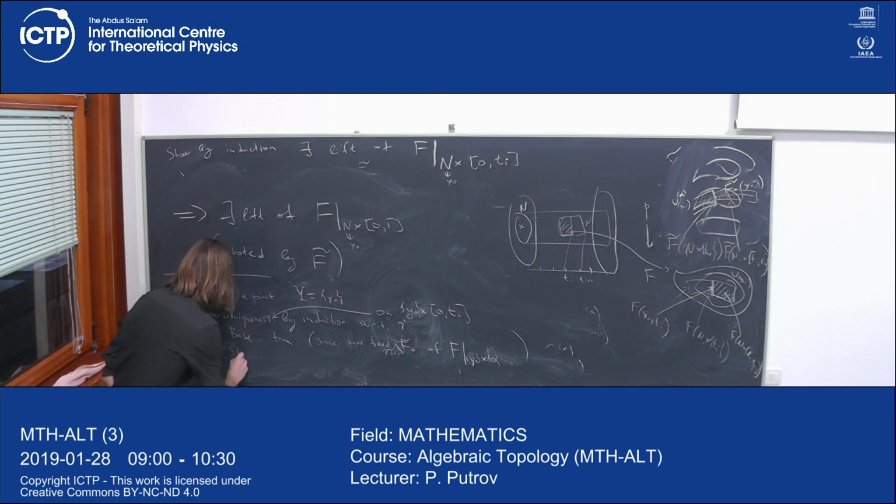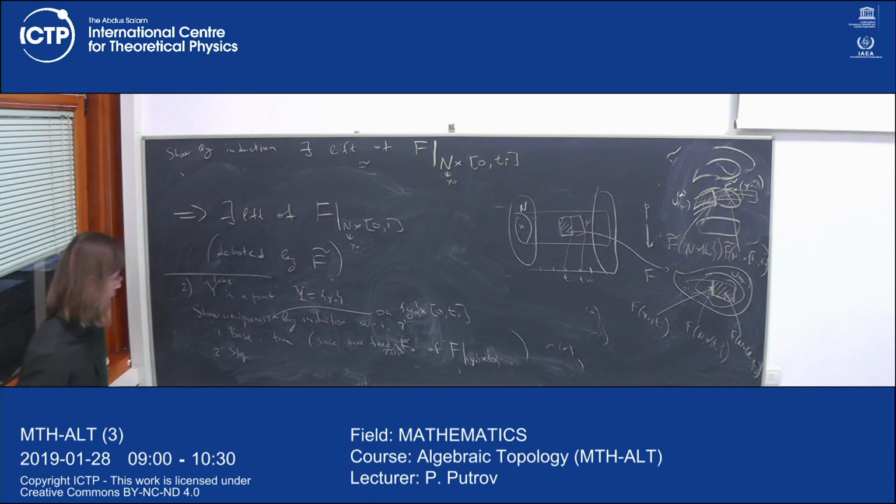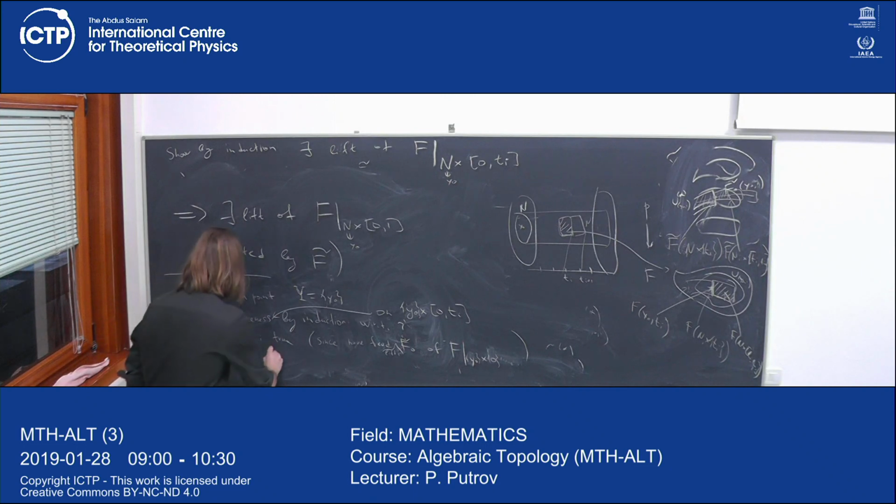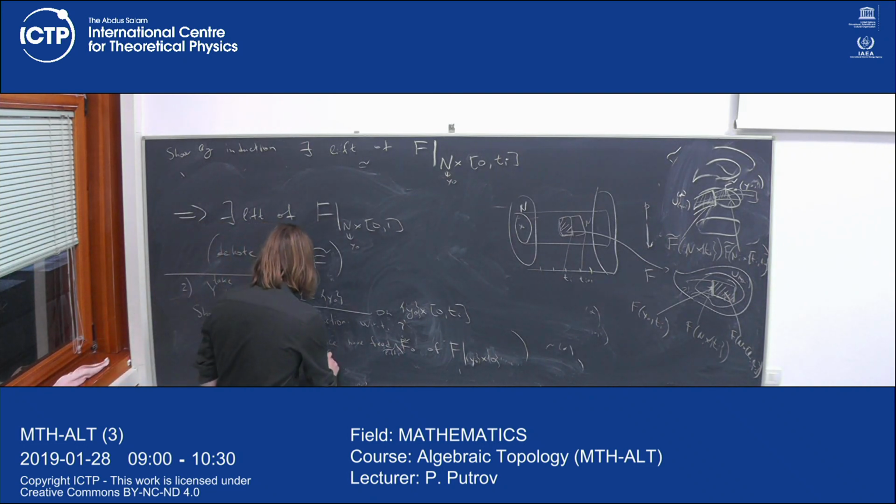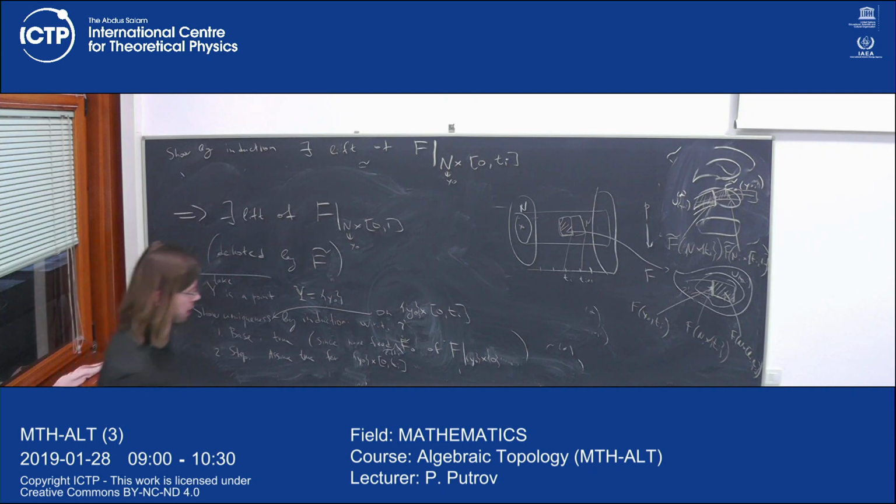Now the induction step is the following. Again, we assume the statement is true for y0 times 0 to ti. What does it mean?